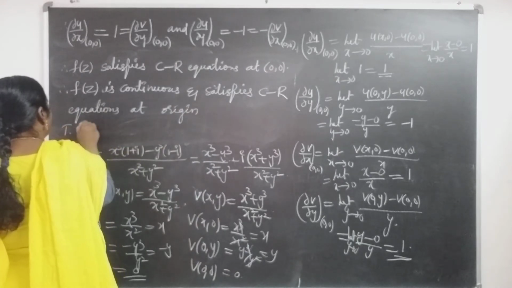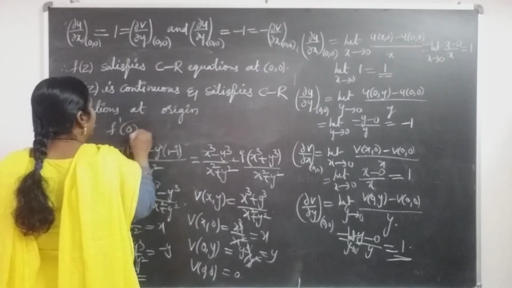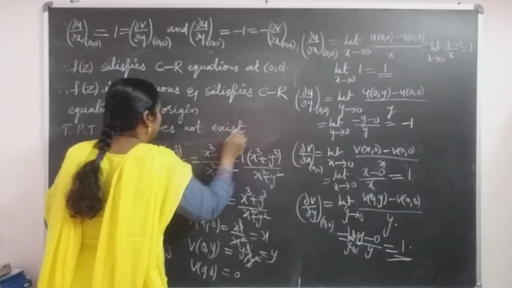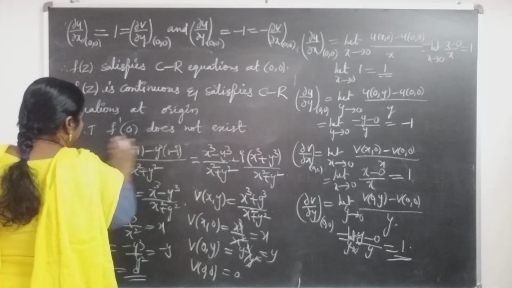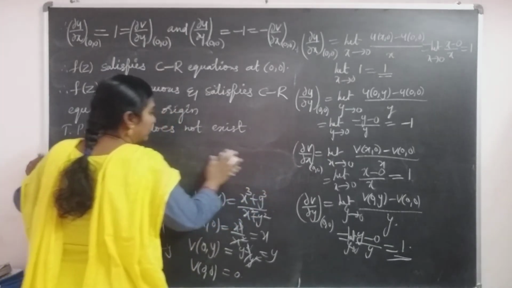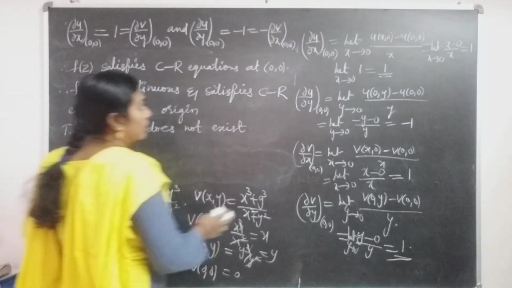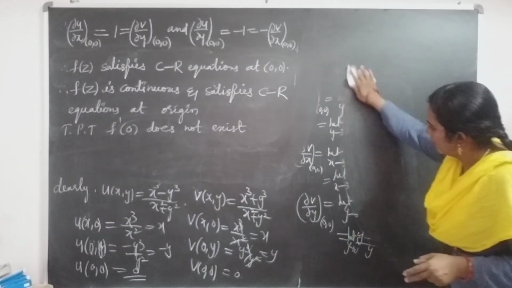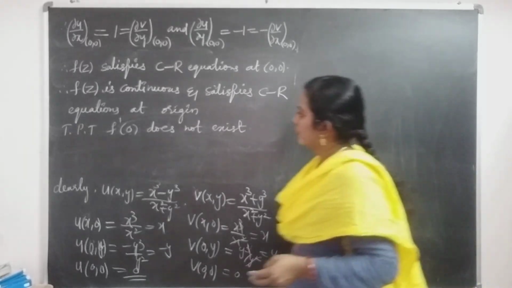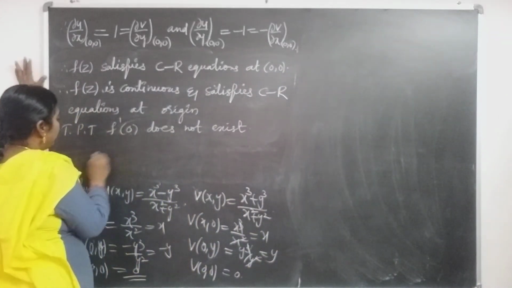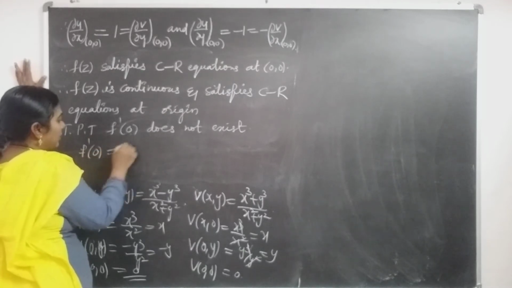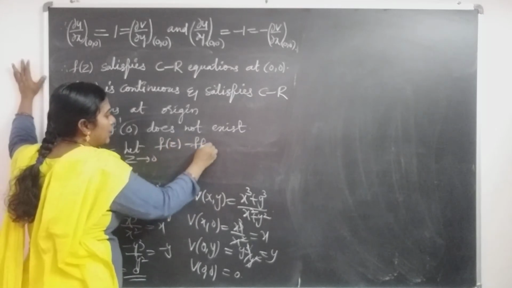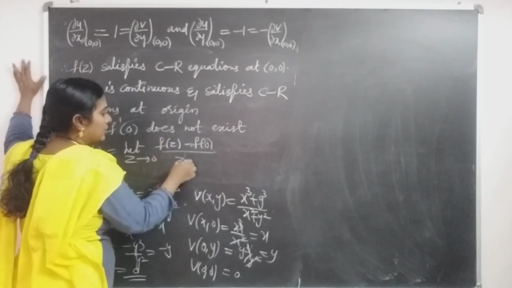Next, to prove that f dash of 0 does not exist, that is nothing but the derivative. f dash of 0 is equal to limit z tends to 0 of (f of z minus f of 0) by z only.